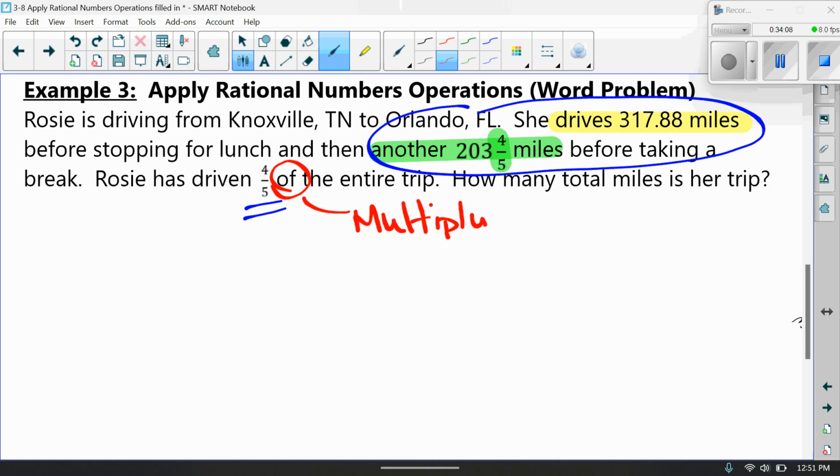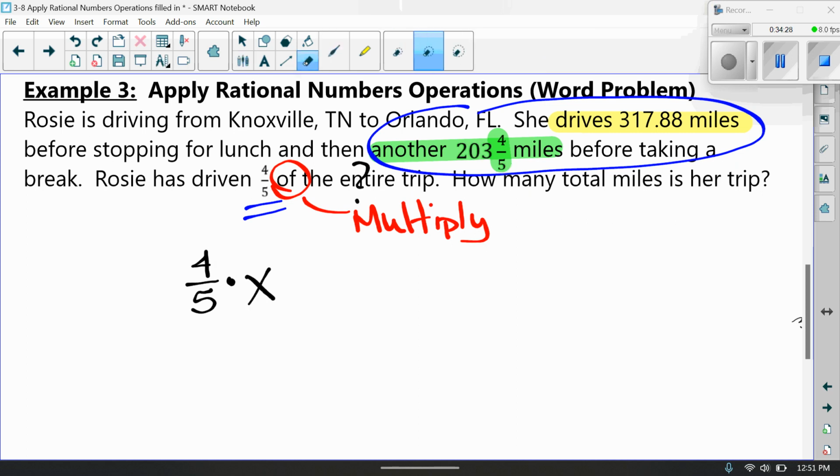That means multiply. So that means we multiply 4/5 times the entire trip, which we don't know what it is, question mark. So that's times x, we can write it just x.